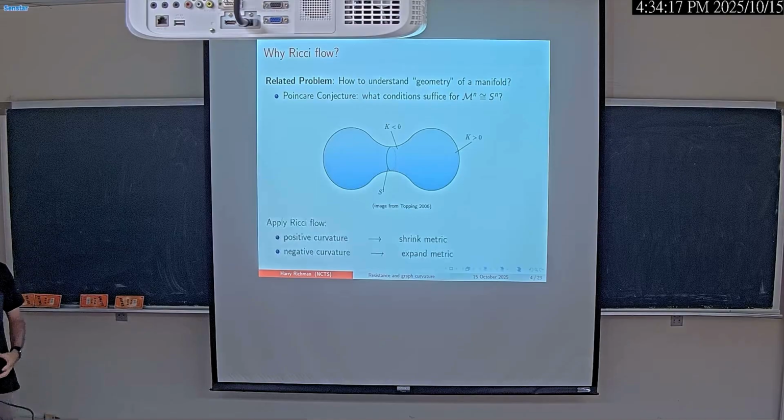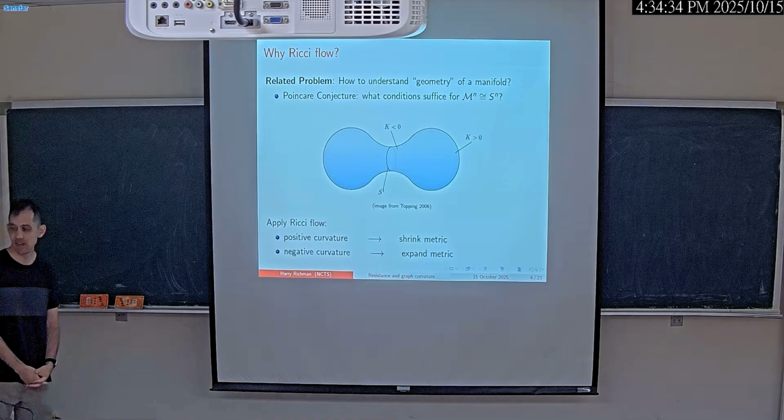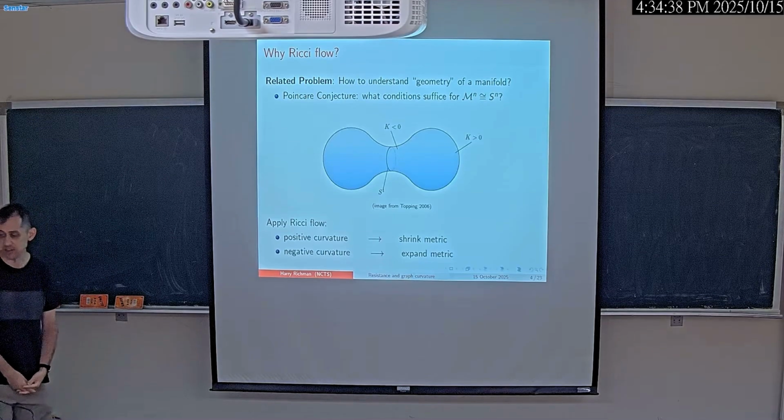The idea of Ricci flow is that starting from an arbitrary manifold, if it satisfies certain initial conditions, we can apply Ricci flow to deform it over some process and get it closer and closer to the sphere. If we run Ricci flow for long enough, we'll end up with a sphere if it satisfies the right conditions at the start.